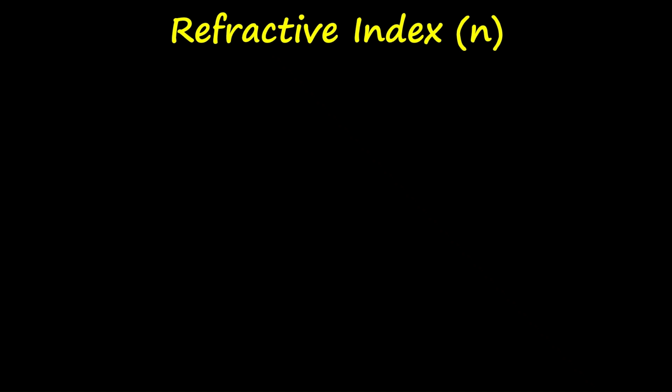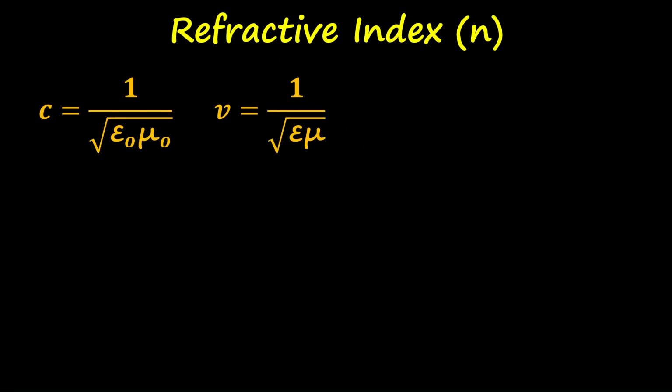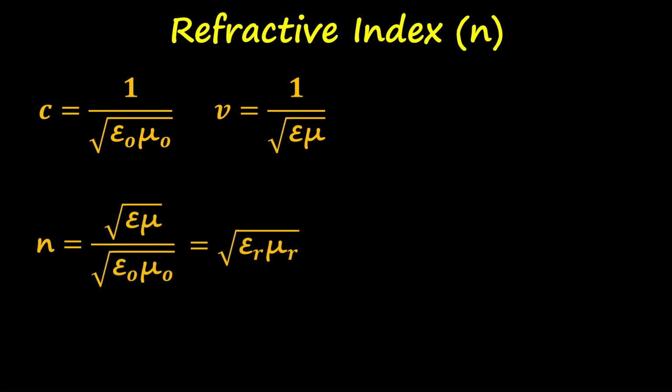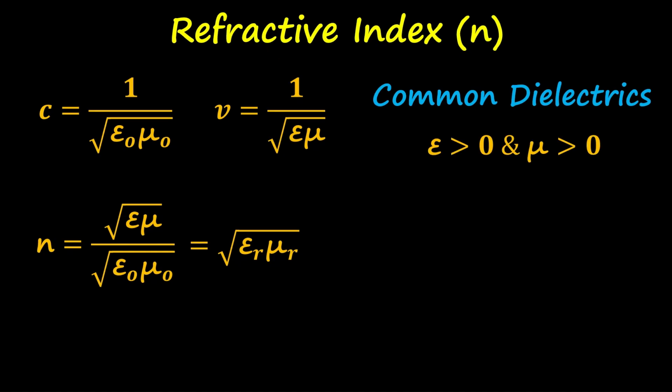The refractive index of a medium can be expressed in terms of permittivity and permeability by using these formulas. So if I take the ratio, I can express n like this. Now, in common dielectrics like mica or glass, the permittivity and permeability are positive quantities.